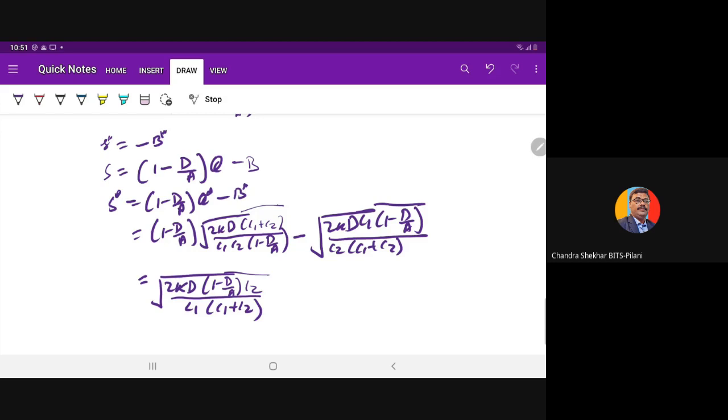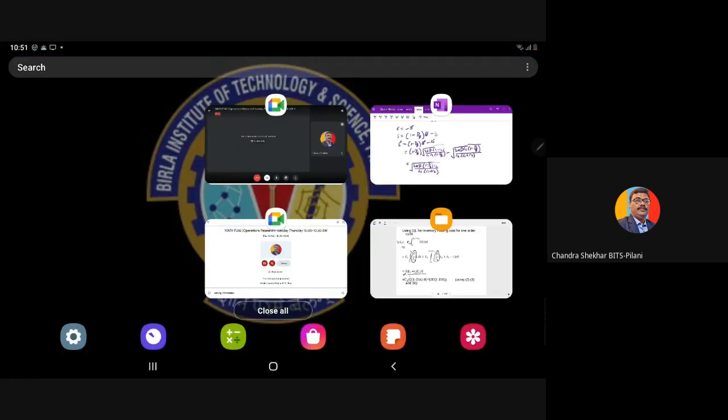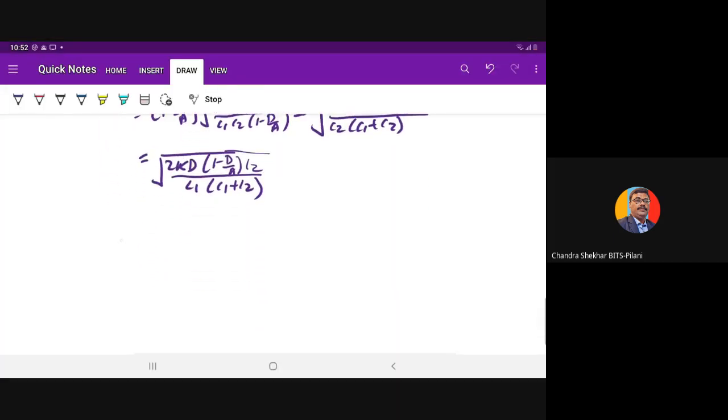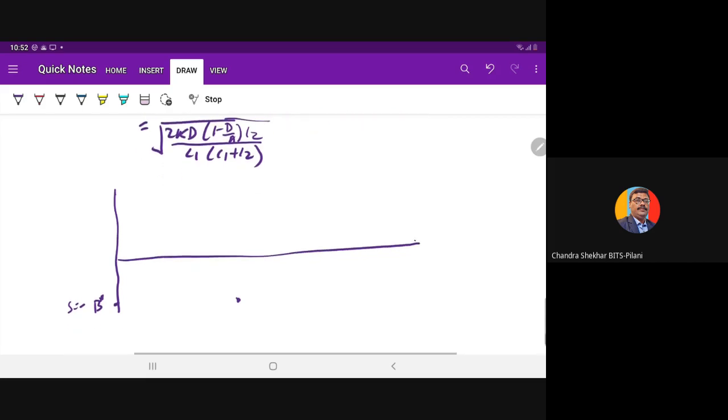So actually, now please pay attention. Actually, what is happening when we compute? Here we have the time horizon at the optimal B star, or you can say S is equal to minus B star. We start our run, and we start the production.